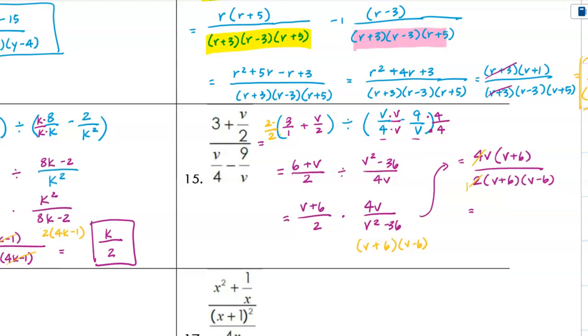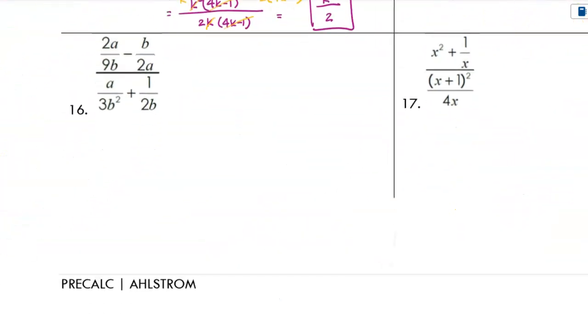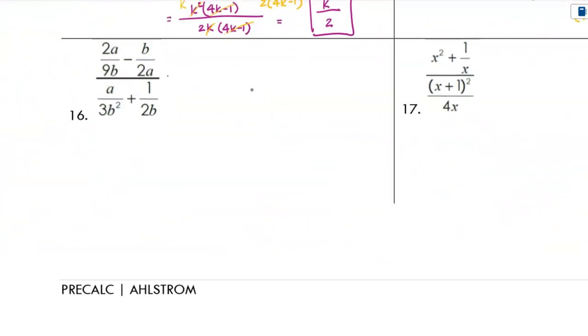We have a 1 and a 2. V plus 6 is canceled out. So I end up with a v over v minus 6. Oh, I forgot a 2 at the top. Okay, good job.